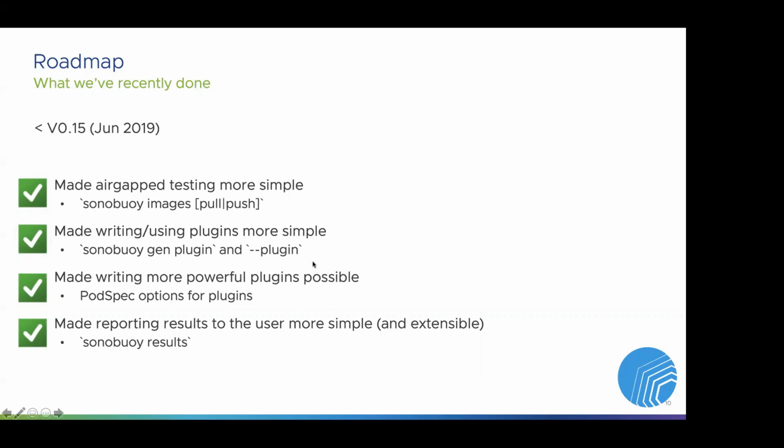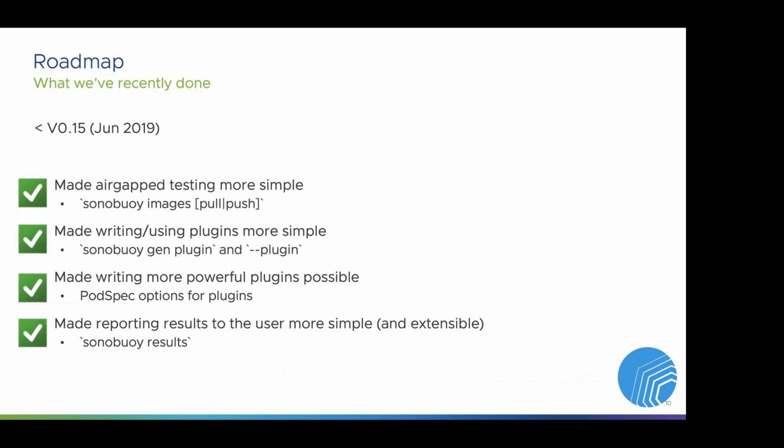So this command was made to help simplify and grab all those images you need. You could pull all the test images locally. You can push them to behind some sort of available registry so that even in your air-gapped environment, you can grab and run those tests.